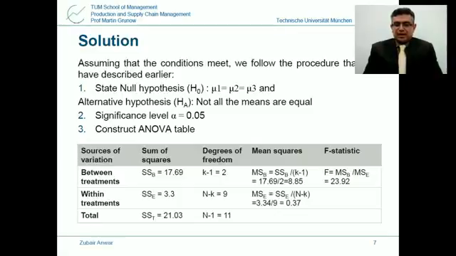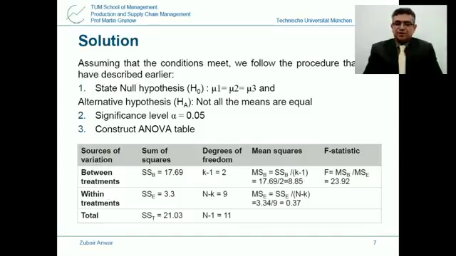Now I have provided a spreadsheet that contains all these calculations, which I am going to show you in the ANOVA table. Here you see the sums of squares I have calculated. SSB comes out to be 17.69, SSE comes out to be 3.3, and the total SS is 21.03.